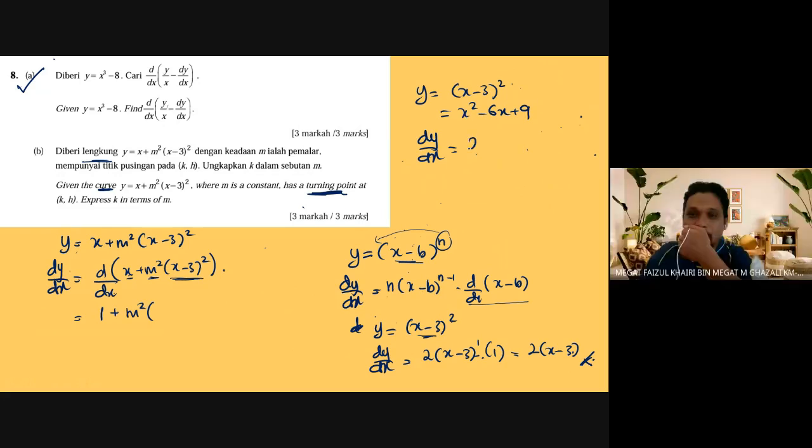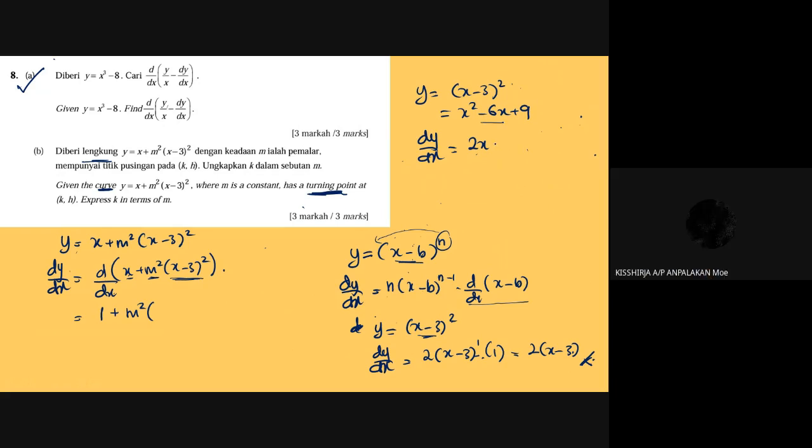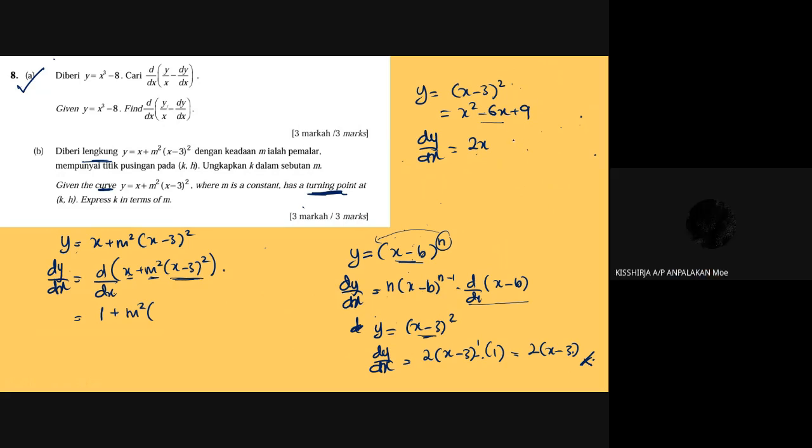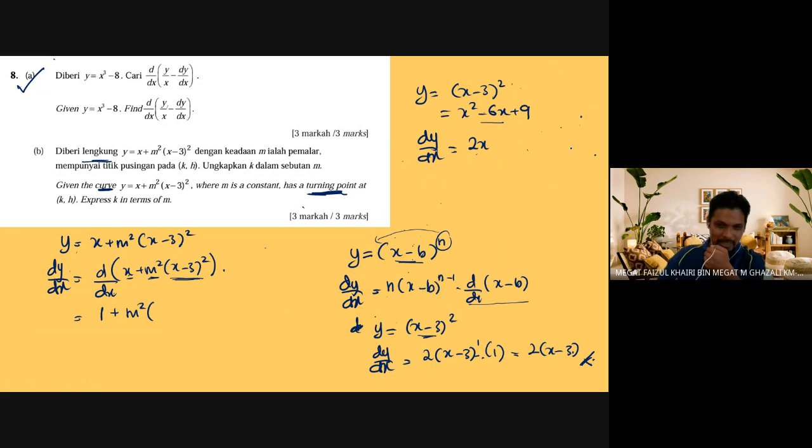2x. Differentiate −6x, negative 1. Okay, now I got which part you did for this.